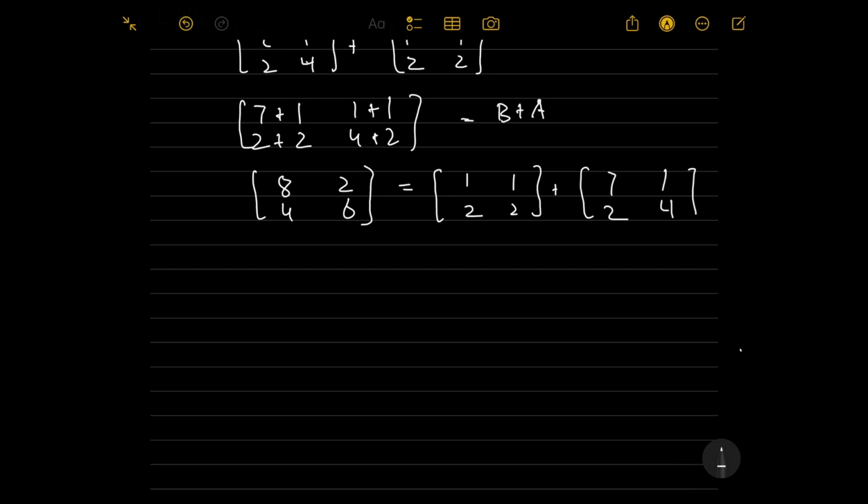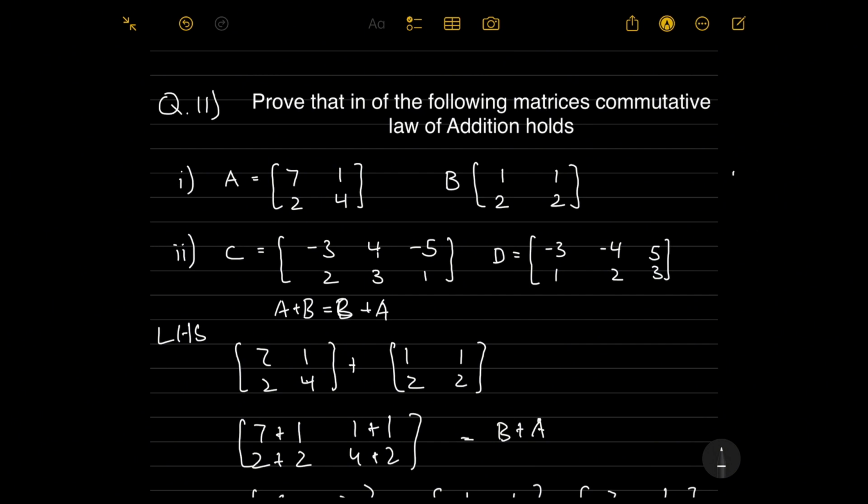Adding these both, we get 8, 2, 4, 6: 1 plus 7 is 8, 1 plus 1 is 2, similarly 2 plus 2 is 4, and 2 plus 4 is 6. So left hand side equals right hand side. So in part 1, the commutative property of addition holds.